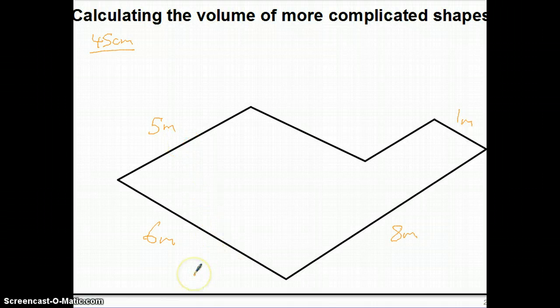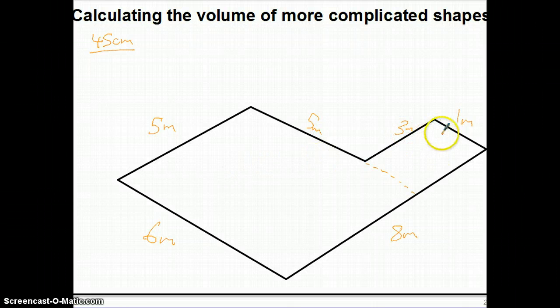So you have to work this out a bit like we've done already with area. The best thing to do is to chop this up into different shapes. So we can see here I've got a rectangle, and here I've got another rectangle. If this is 5, this must be 3. If this is 6 across and that's 1, this must be 5.